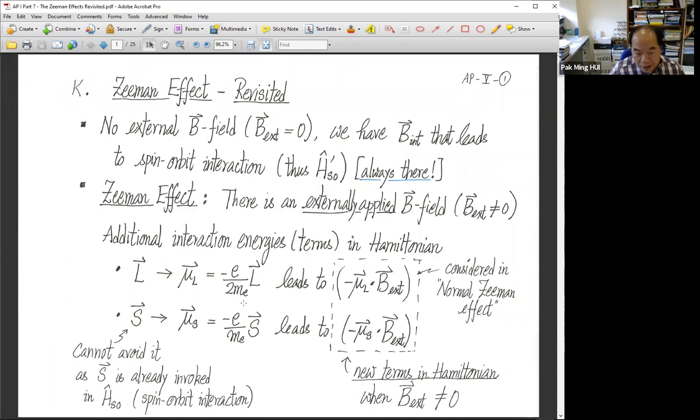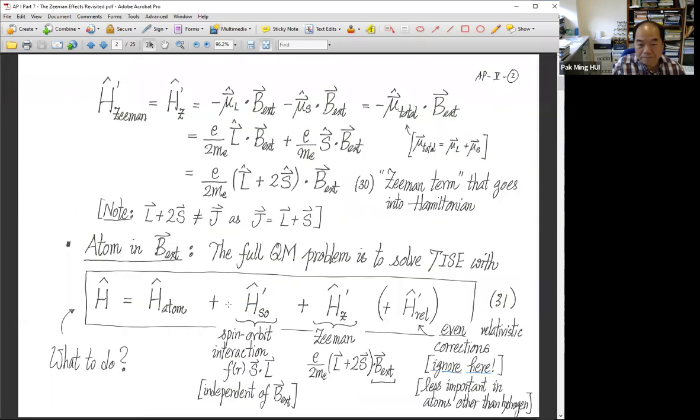There is a 2 here, there is no 2 here, because we can regard this as a g factor of spin being 2. Therefore, we realize that this Zeeman term has to do with L plus 2S, there is an extra 2, rather than L plus S, which is J. So this is not J.